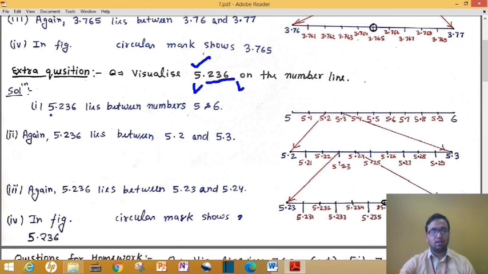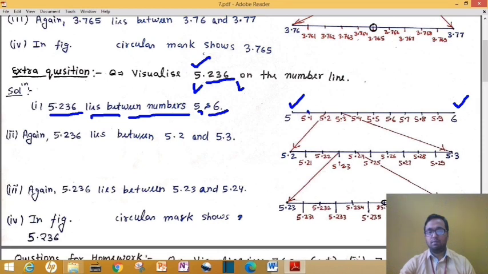So we can say here 5.236 lies between 5 and 6. So first we will write 5 at one corner of the line, and at the second corner we will write 6. So here we can divide this line into 10 divisions.